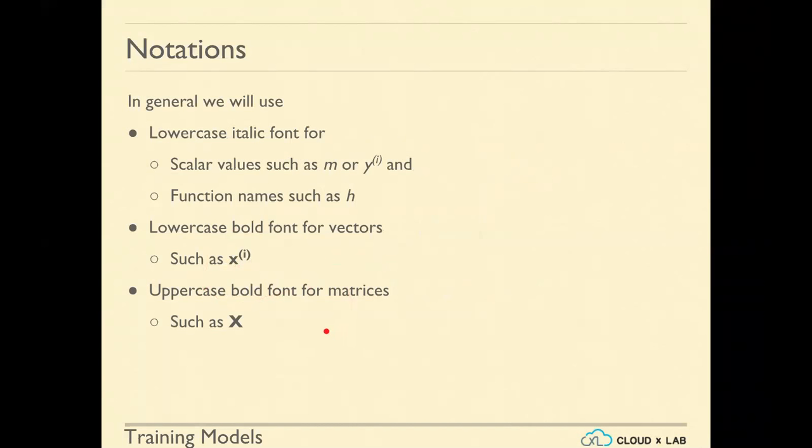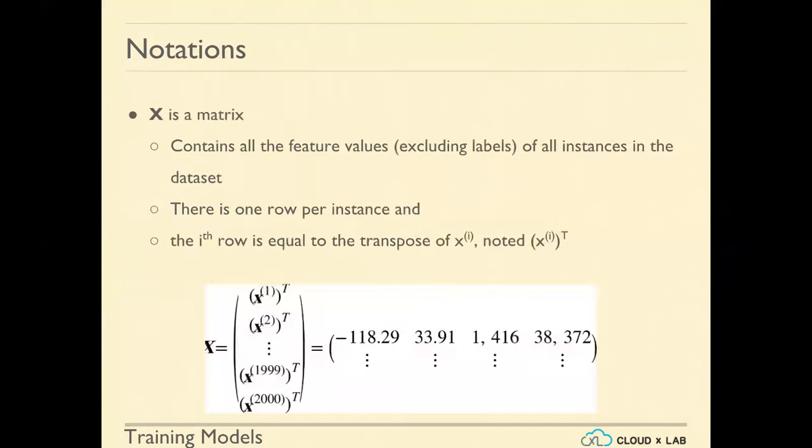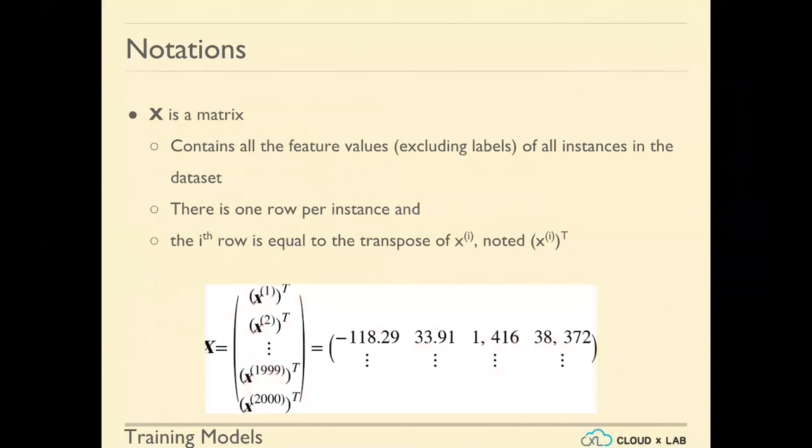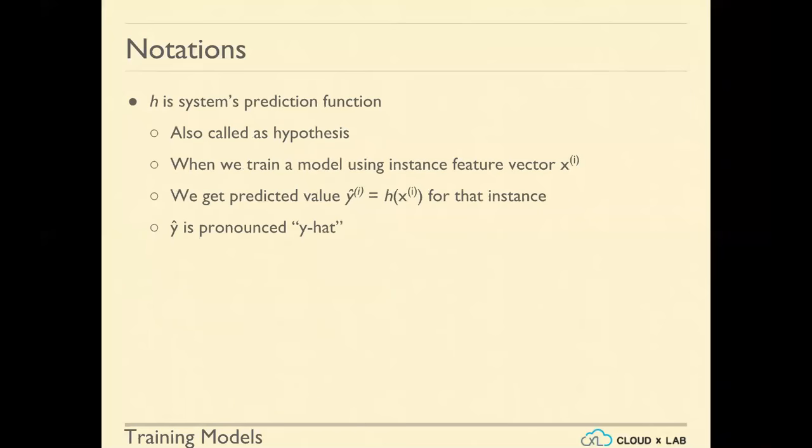A question from Nirav: how did we get yi? yi is the actual value. y hat is the predicted value.